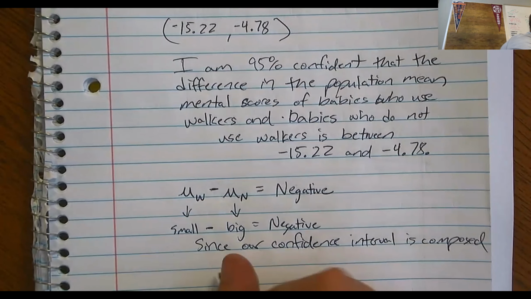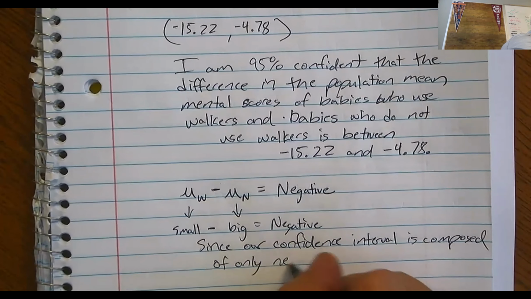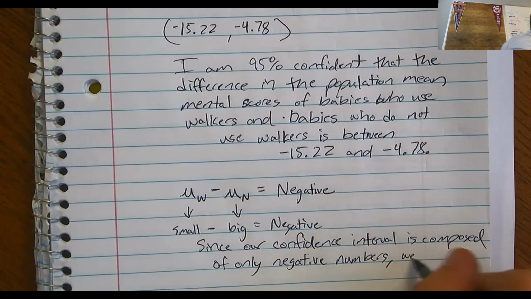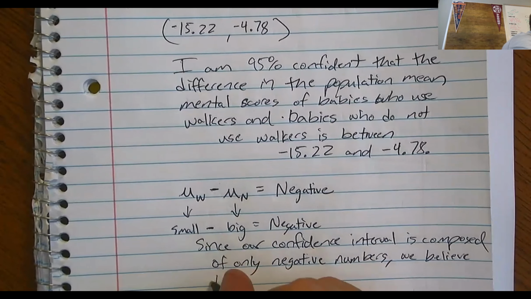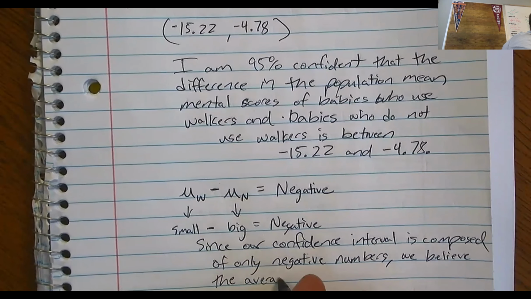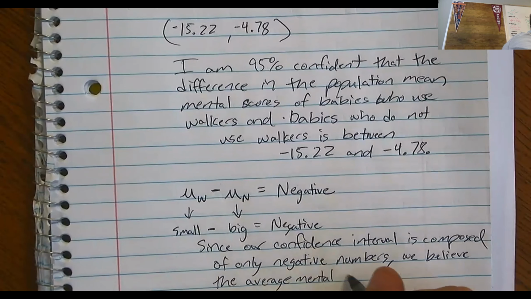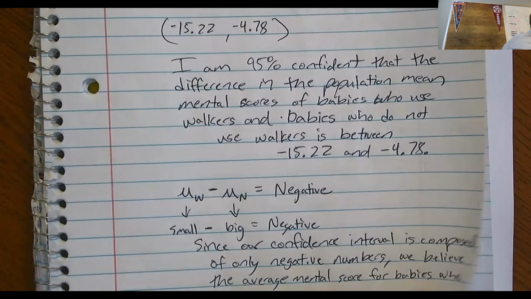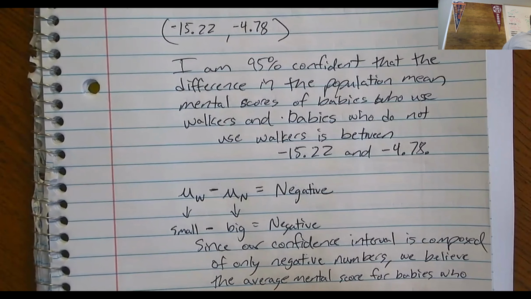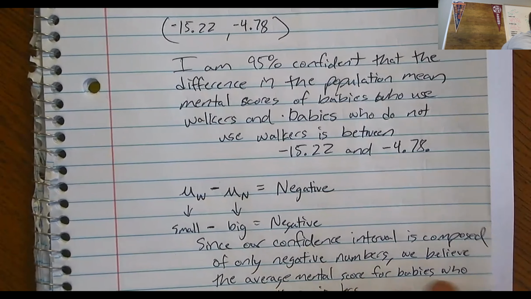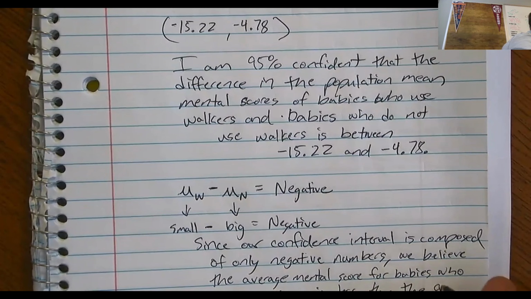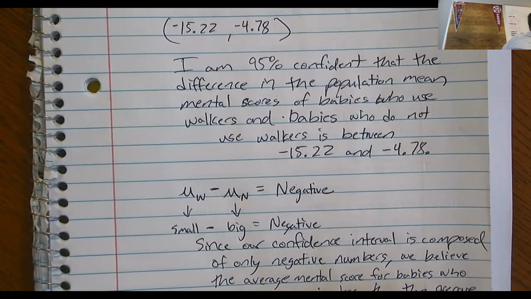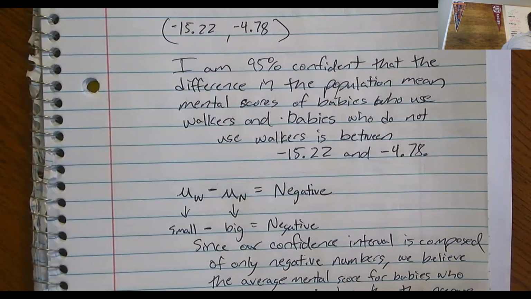Since our confidence interval is composed of only negative results, only negative numbers, we believe the average mental score for babies who use walkers is less than the average mental score of those who do not.